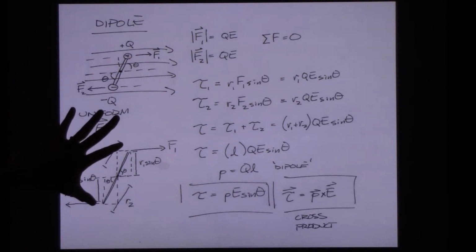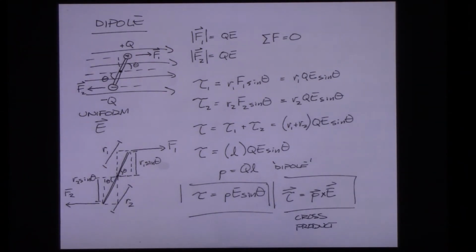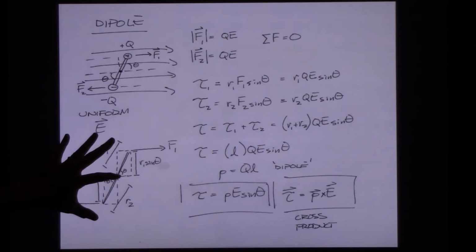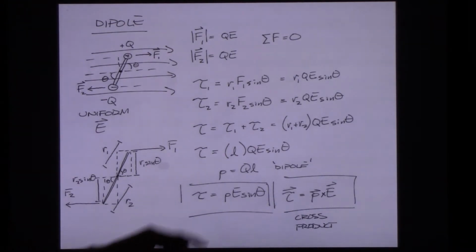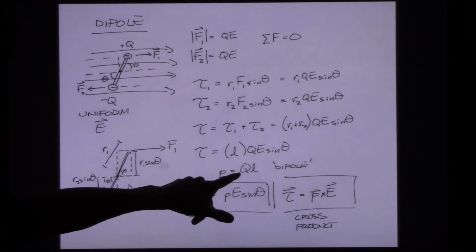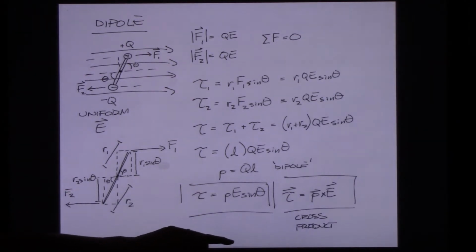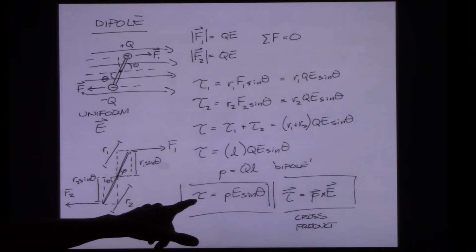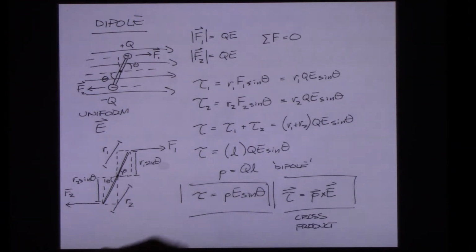When I combine those together, you know what they are? They're the length of the dipole. So it doesn't matter where I place the axis of rotation, I can place it anywhere, and R1 and R2, the combined lever distances, always combine to be the length of the dipole. So remember our definition, dipole is the amount of charge times the length, so we can substitute that in. And what that says is the torque we will get is P E sine theta.